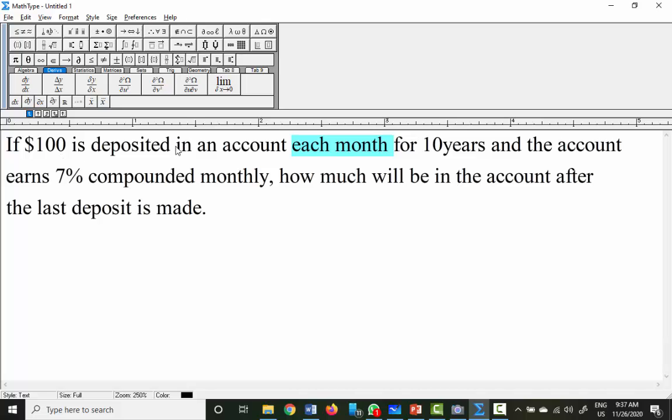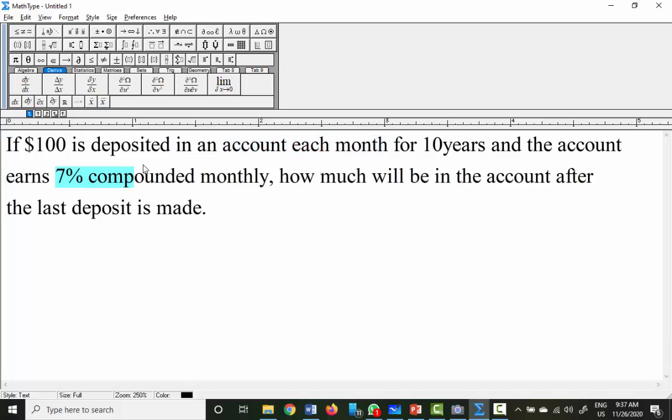But the question doesn't give us any information whether the payment will be made at the beginning of the month or at the end of the month. If it doesn't say anything like that, by default we will assume that payment will be made at the end of the month. So by default we will assume that this is ordinary annuity.